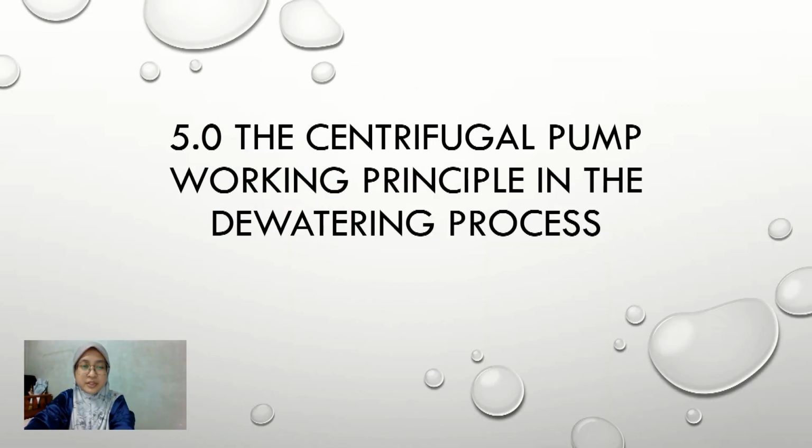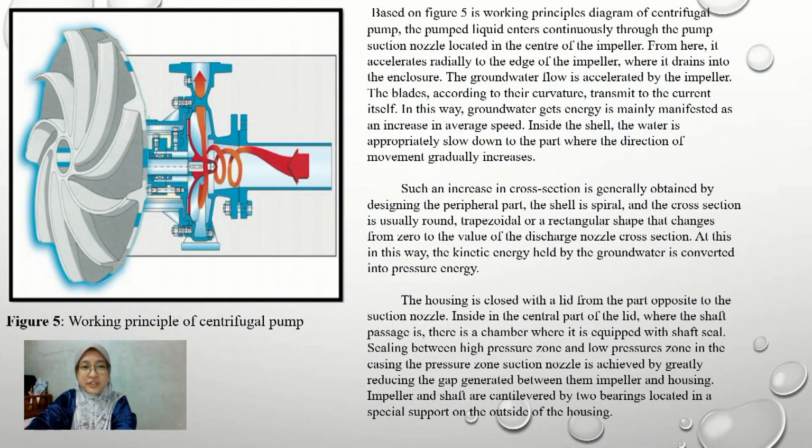Next, I'm going to present subtopic 5, the centrifugal pump working principle in the dewatering process. Figure 5 is the working principle diagram of a centrifugal pump. The pump liquid enters continually through the pump suction nozzle located in the center of the impeller. From here, it accelerates radially to the edge of the impeller, where it drains into the enclosure.